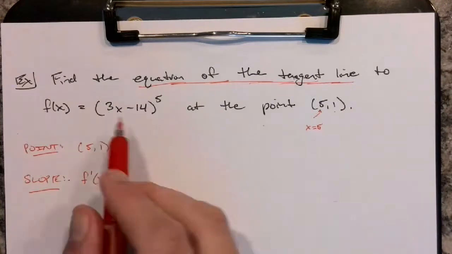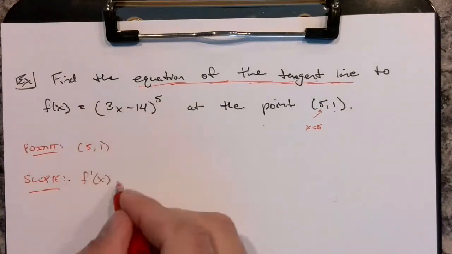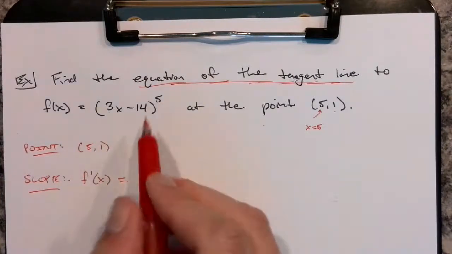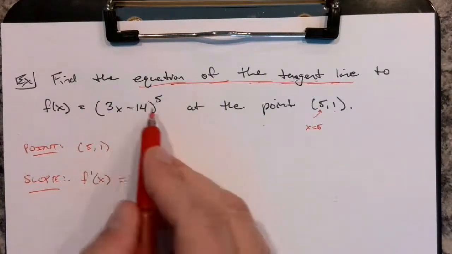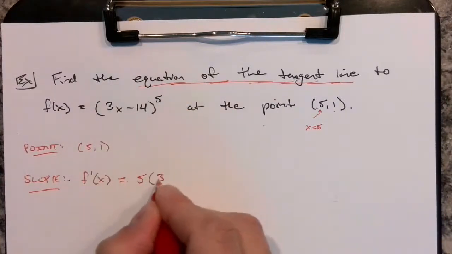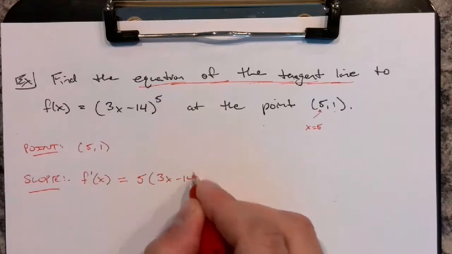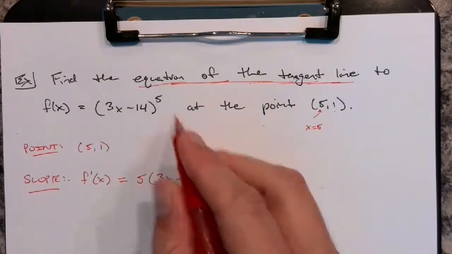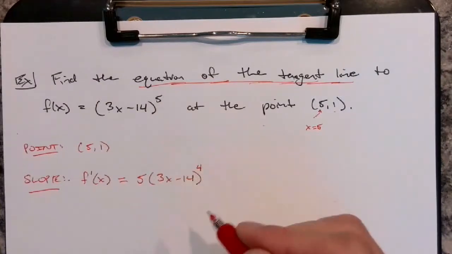So f prime of x, we're taking the derivative of this up here. Well, this is a function inside of a function. It's a function to a power. We're going to use our extended power rule, meaning the chain rule. 5 comes down in front, so we have 5 times the inside, 3x minus 14, keep that as is, and then 5 on the exponent reduced by 1 gives you 4.